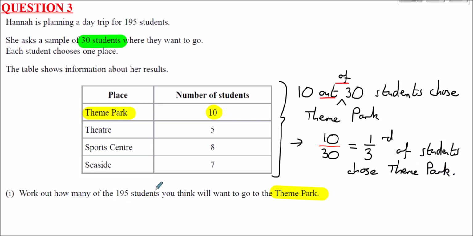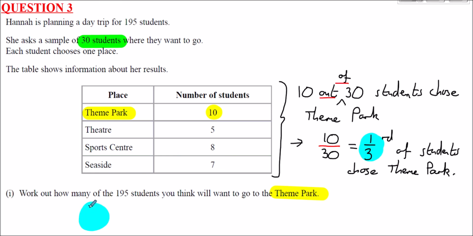But we want to work out how many of the 195 students we think will go to the theme park. So based on our assumption that from this sample, a third of students chose the theme park, we can then scale it up from 30 students to 195.